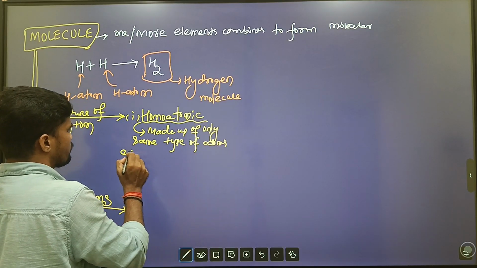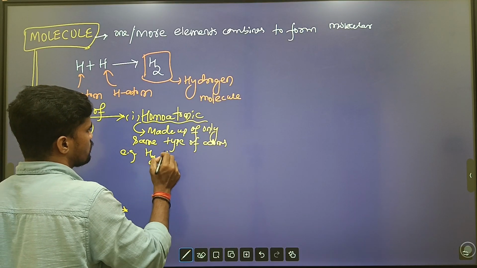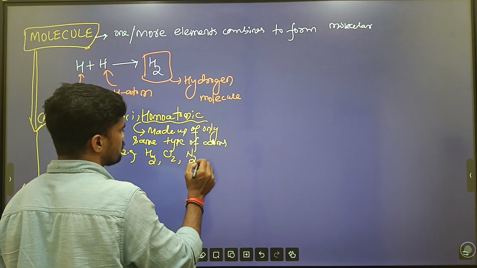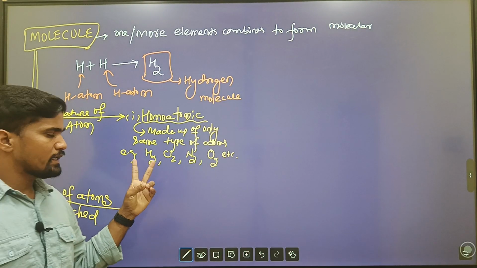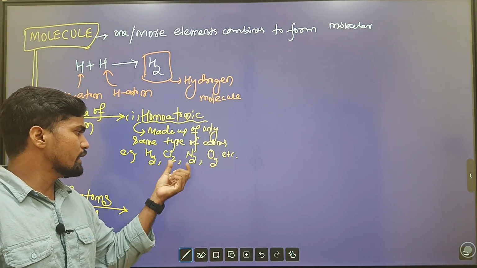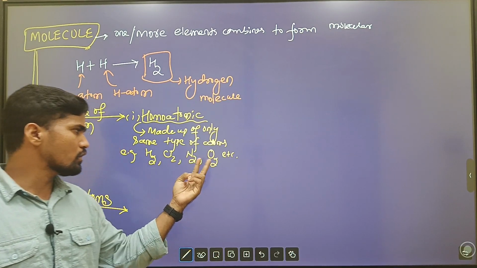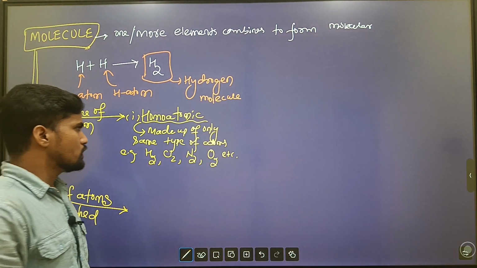Example: H2, Cl2, N2, O2, etc. So these are the homoatomic molecules.